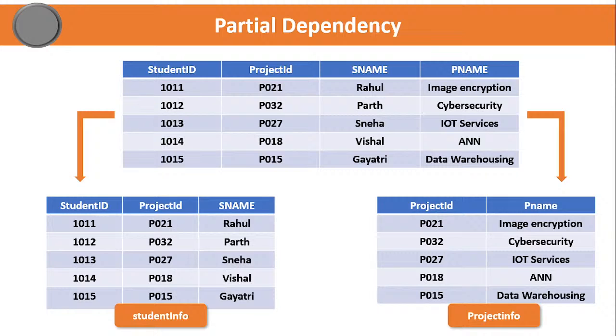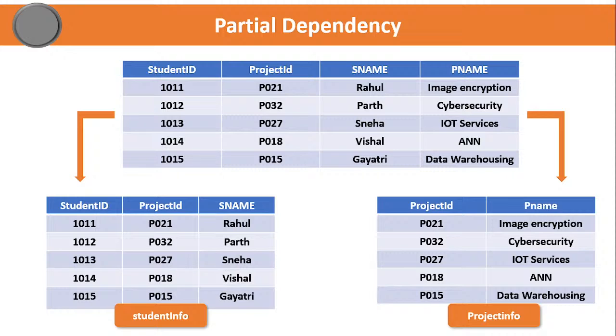Now basically I am converting this student table into two separate tables, which are student info and project info. The student info table has the student ID, project ID, and the student name, whereas the project info has project ID and project name. Now, a student name can be identified separately with the help of student ID. So it is uniquely identifying every record of the student name using the student ID.